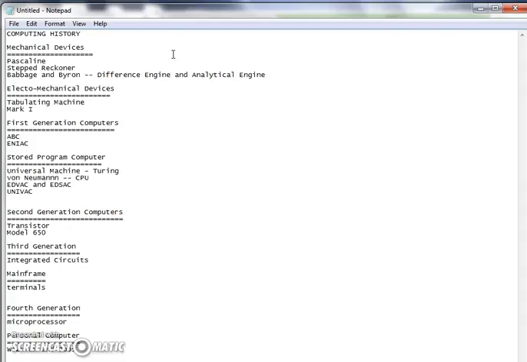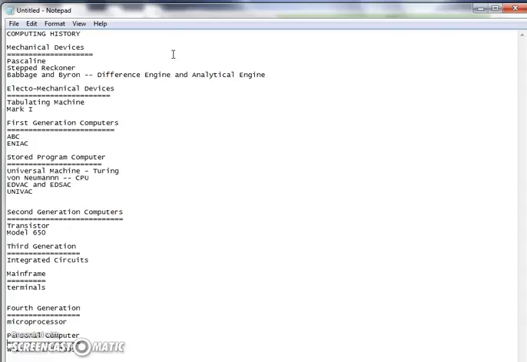And Ada Byron came up with the first program for these devices and is considered to be the first computer programmer. And of course we have a language, Ada, that is named after her. So again, those are considered mechanical devices. They had lots of moving parts and gears and things like that.